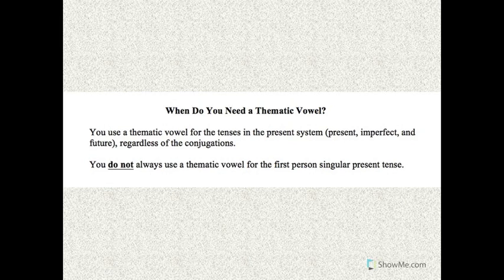In addition, you do not always use a thematic vowel for the first person singular present tense. That is, your first principal part. For example, for our verb ambulo, ambulare, we have the ending O, and there is no thematic vowel that goes between our root and the ending.